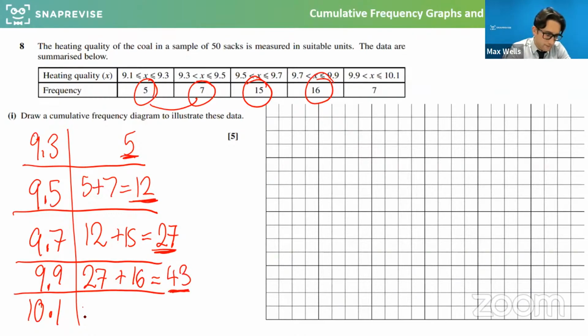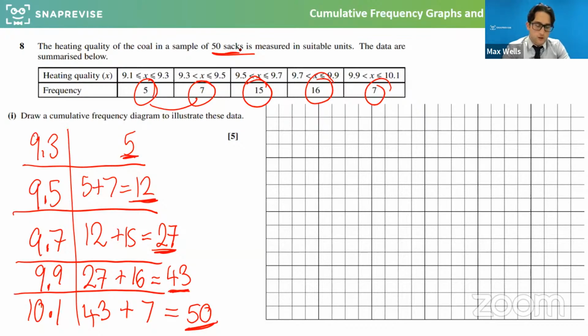And then we're going to take that value, and then that's the 50 that it should add up to. Good. So if we now start drawing this, I think a sensible interval would be to go up in 4s.